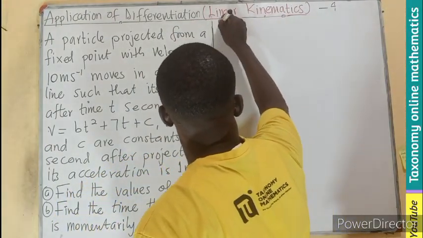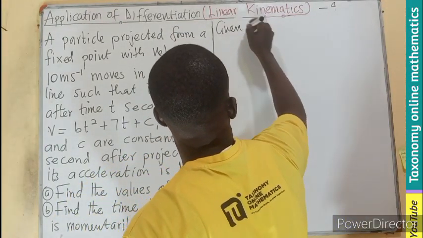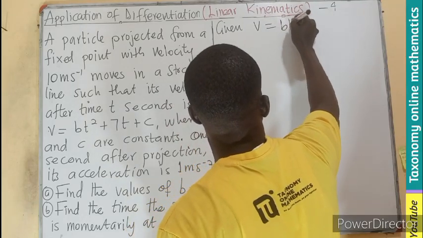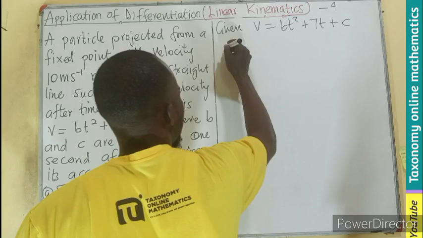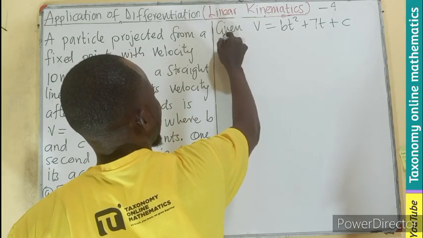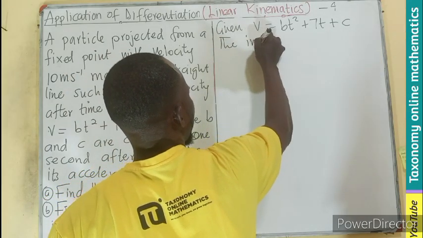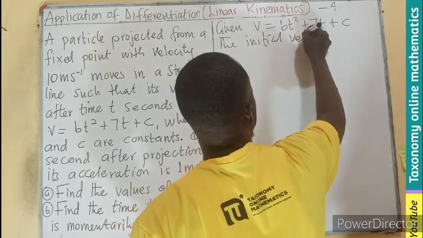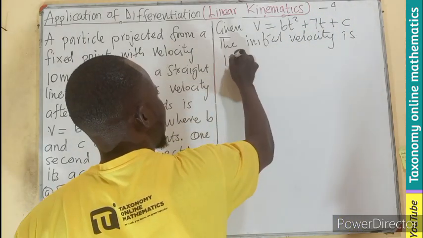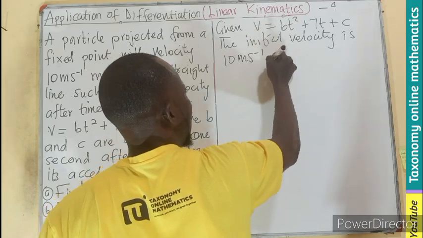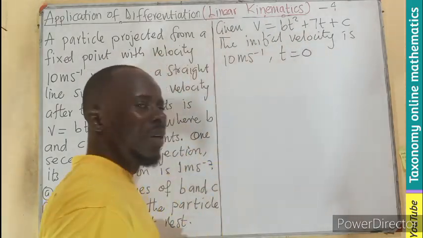So we can say that given our v equals bt squared plus 7t plus c, the initial velocity is given as 10 meters per second, and that means the time is 0.